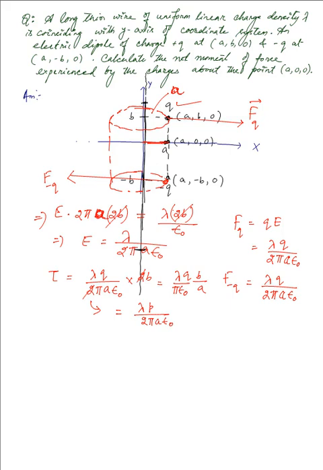So that's going to be the torque that is acting. You can use either this expression or this expression, whichever you are looking for. In case the dipole moment was given, that is p, which is equal to q times 2b, you can use this expression as well. So that's all from this video. Till next time, thank you for watching.